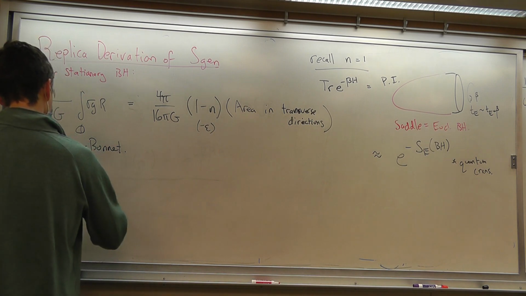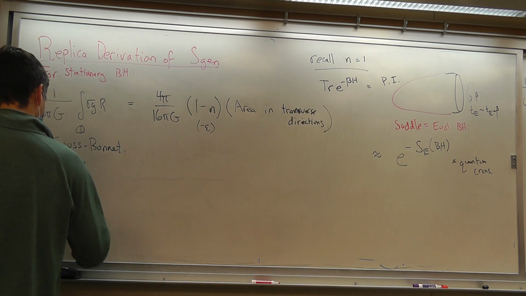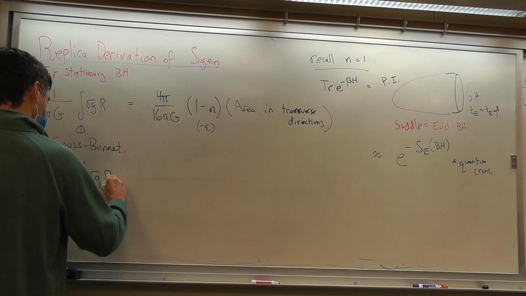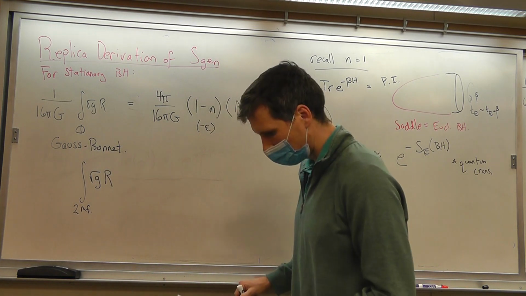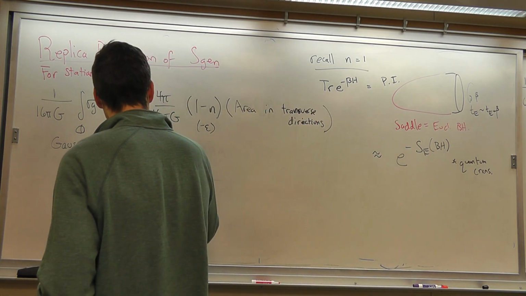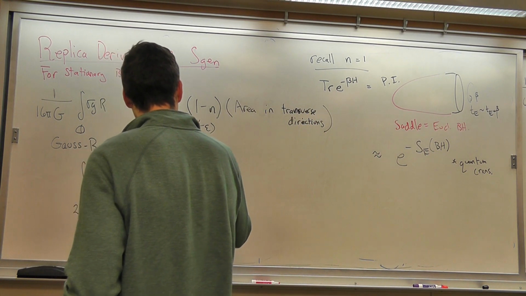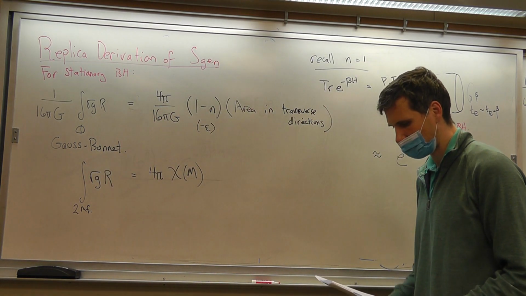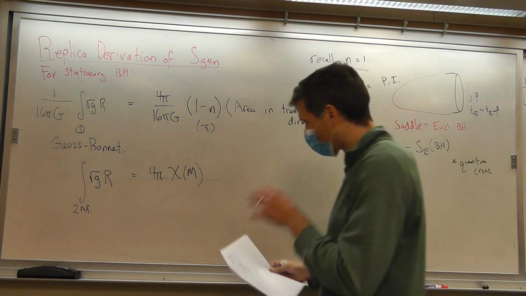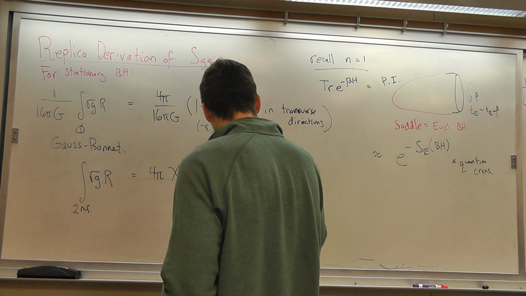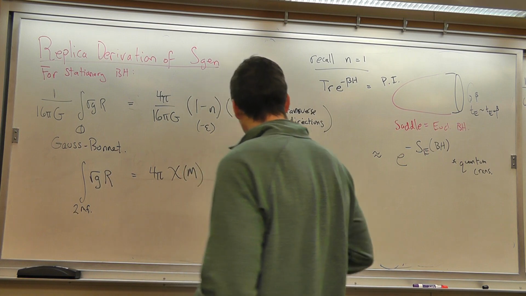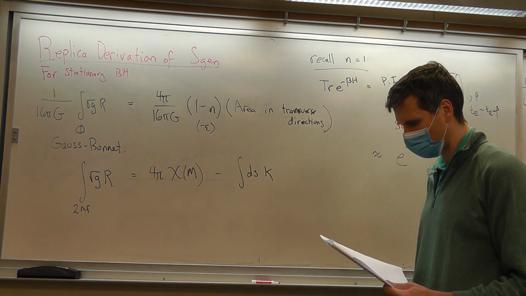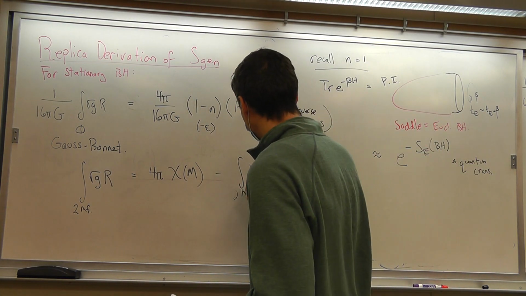Gauss-Bonnet says that the integral over a 2-manifold of root g R is 4 pi times the Euler character, which is a topological invariant of the manifold, minus the integral ds of the trace of the extrinsic curvature k over the boundary.